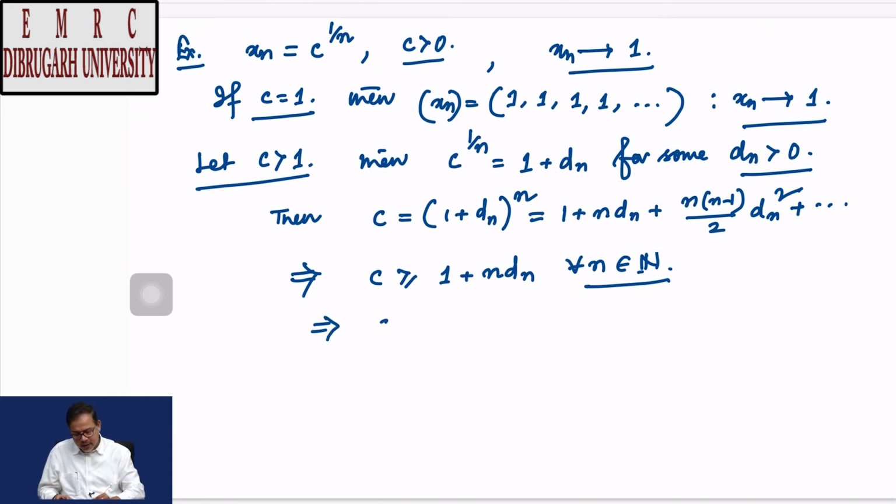Now, consequently, c minus 1 is greater than or equal to n into dn, which implies dn would be less than or equal to (c minus 1) by n.